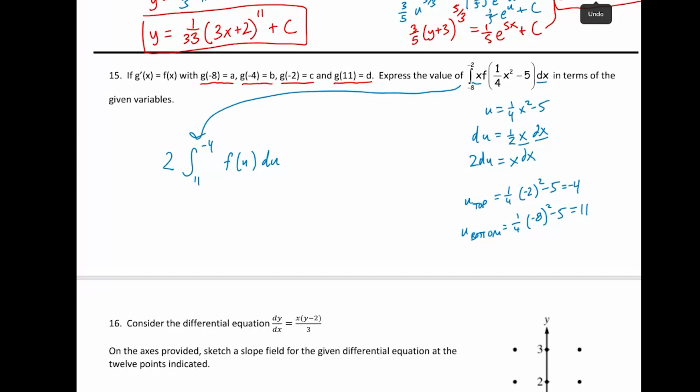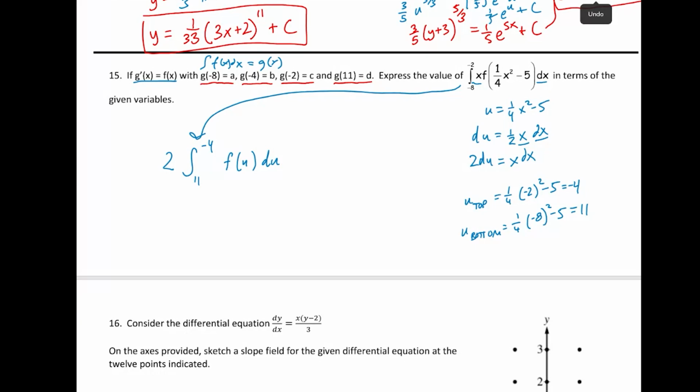It's saying that g prime is f of x. So since the derivative of g is f, that means the integral of f is g. In other words, if I integrate f here, that's going to give me g. So integrating f, I'm going to use that fundamental theorem of calculus and integrate the f, which is just g.